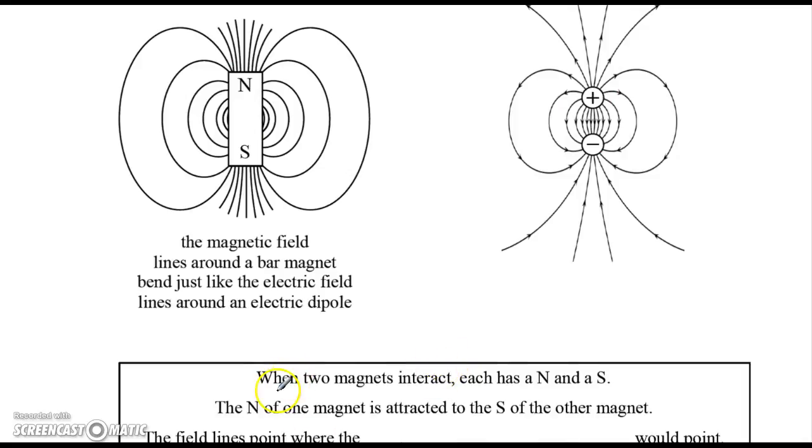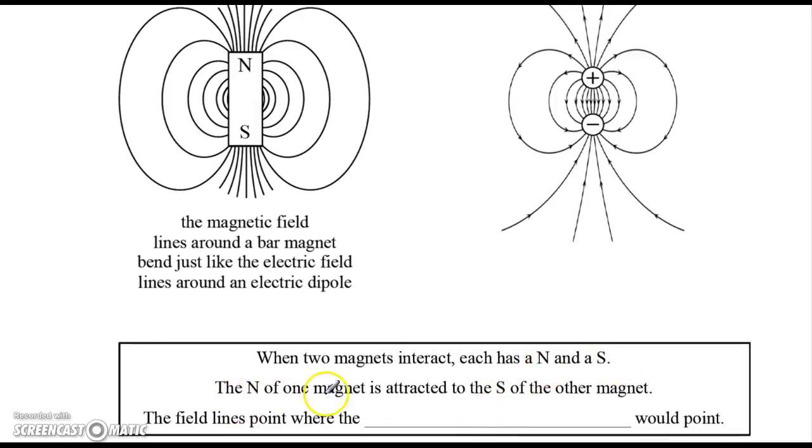When two magnets interact, each magnet has a north and a south. The rule is the north of one magnet is attracted to the south of the other, just as positive charge is attracted to negative charge. So what's this have to do with field lines? Well, imagine you take a small compass and you put the compass right here in the field.